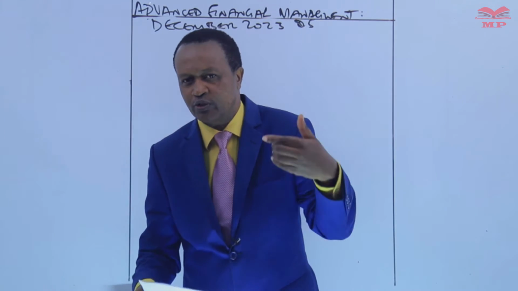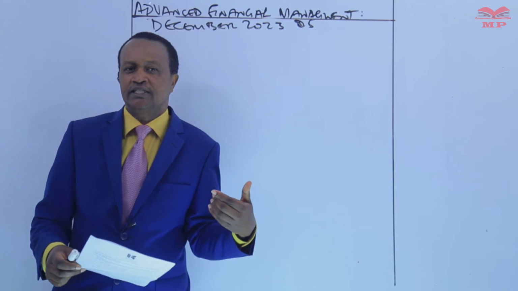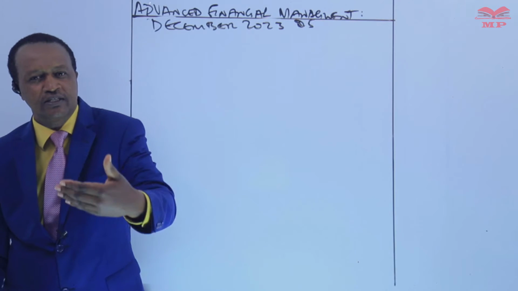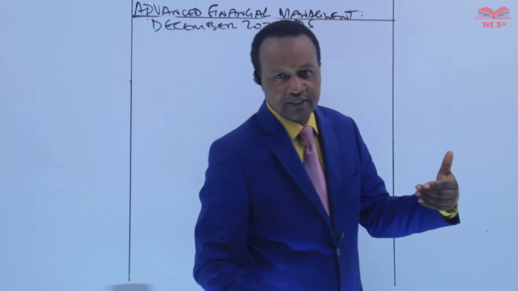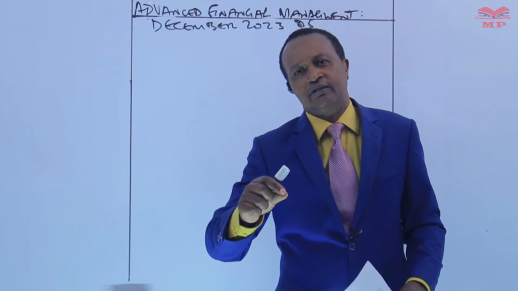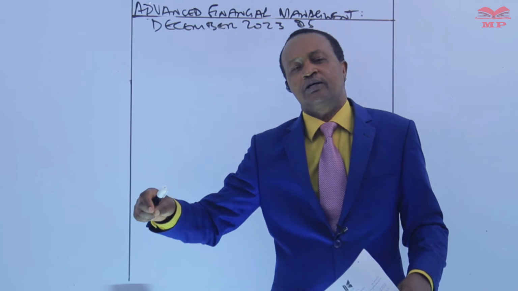It is the tendency for people to feel the pain of loss more acutely than the pleasure of gains, because we know loss comes with pain, and gain comes with pleasure.